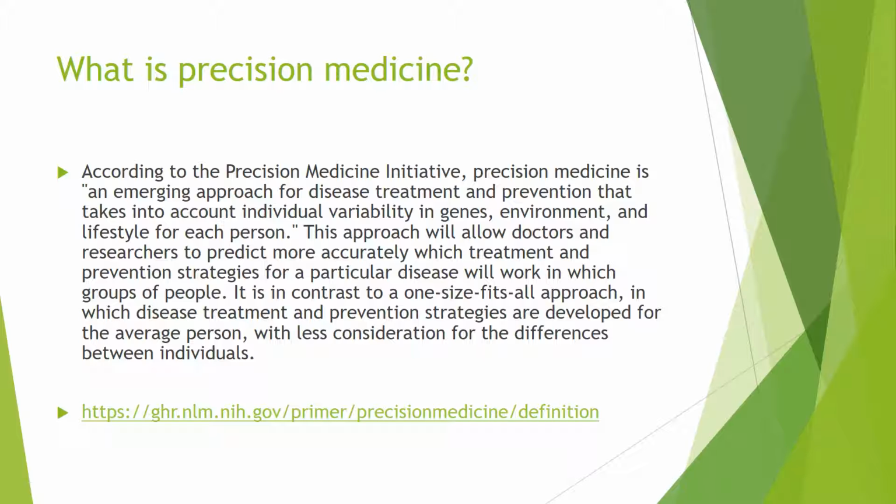This approach will allow doctors and researchers to predict more accurately which treatment and prevention strategies for a particular disease will work in which groups of people. It is in contrast to a one-size-fits-all approach in which disease treatment and prevention strategies are developed for the average person with less consideration for the differences in individuals. And there's a link where you can check more information about it.